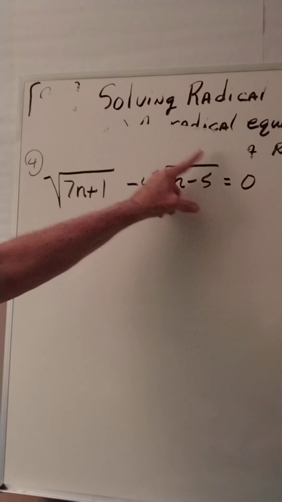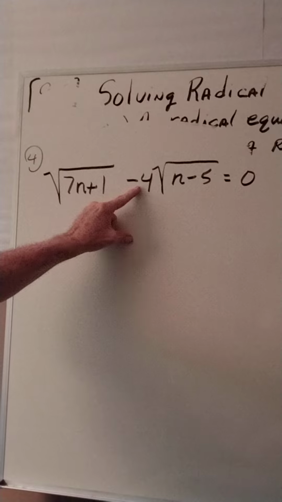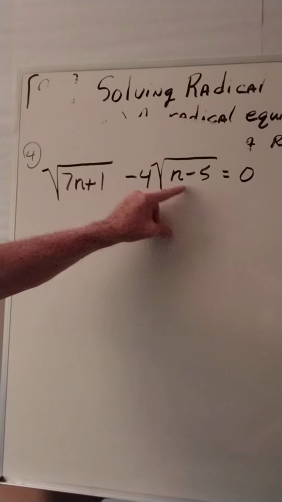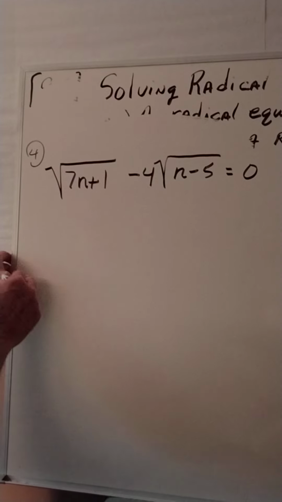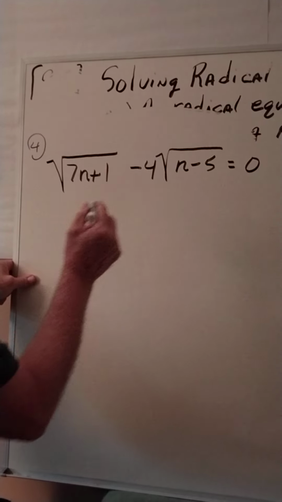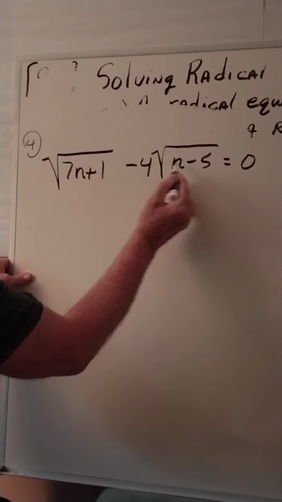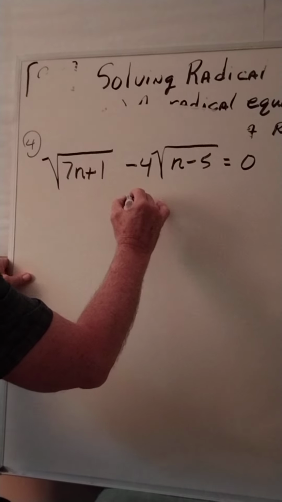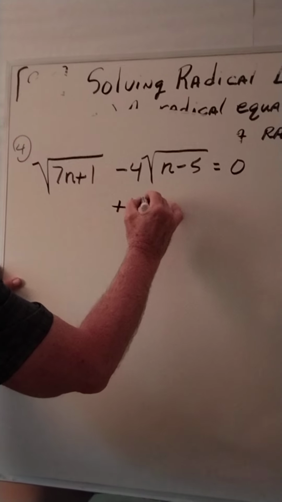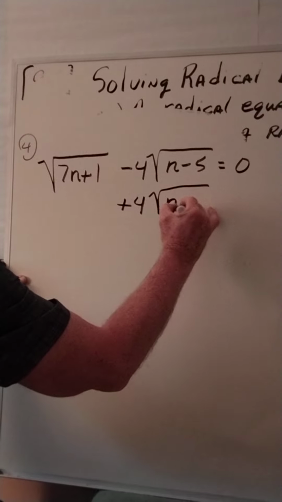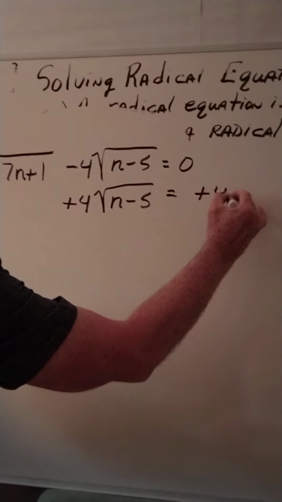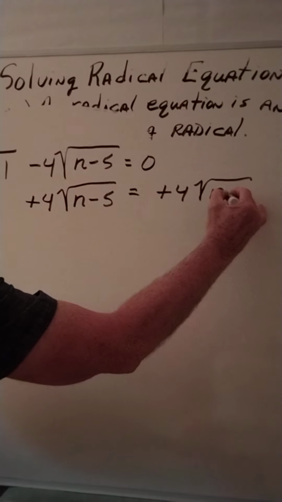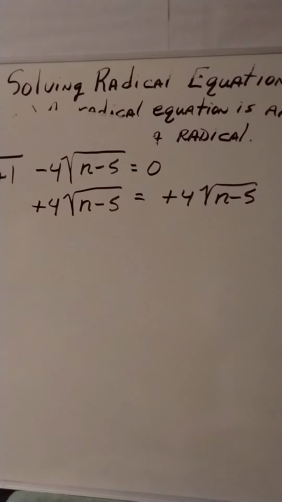If we want to eliminate this negative 4 root n minus 5 and move it over to the right-hand side, we're going to have to do the opposite. The opposite of a negative 4 root n minus 5 is positive 4 root n minus 5 on the left and positive 4 root n minus 5 on the right.